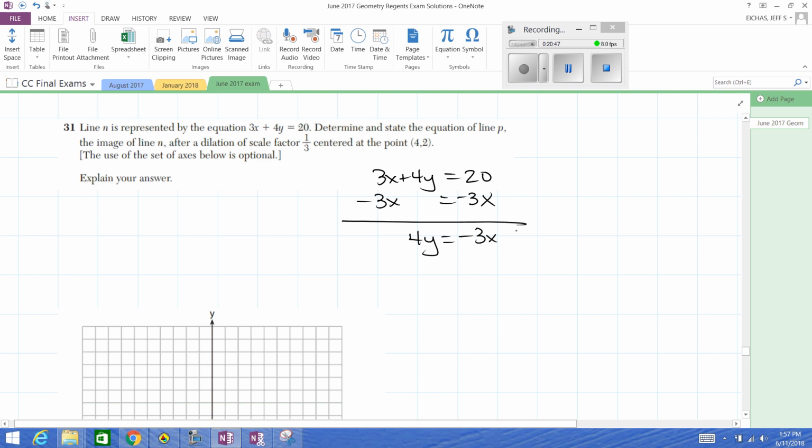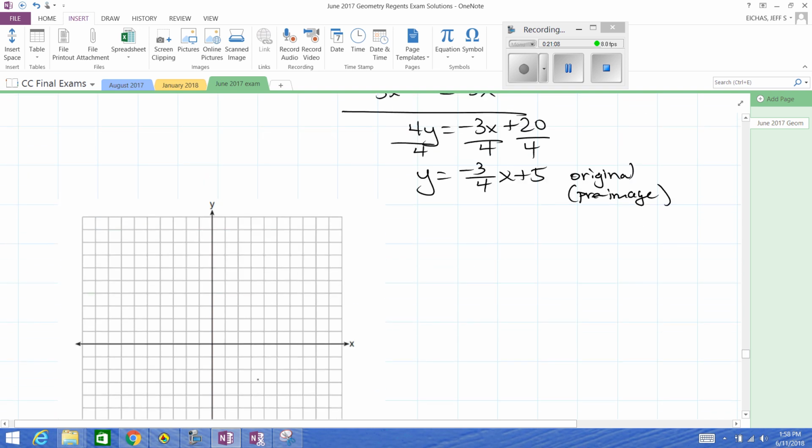These are some mechanics that hopefully you were taught, so I'll just show those. That's the current line, the original or pre-image. So let's graph that. I graphed the y-intercept of 5.